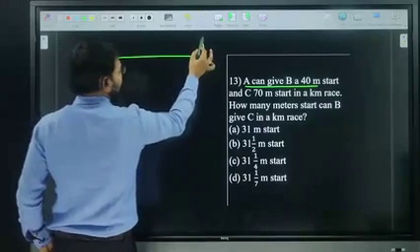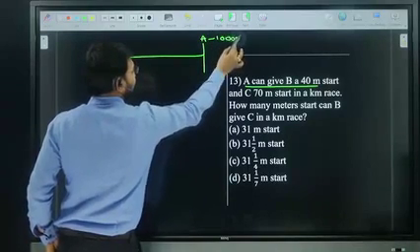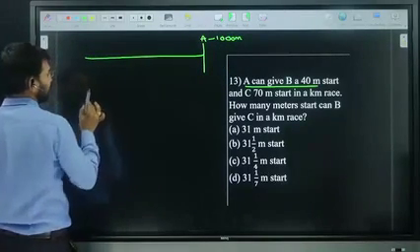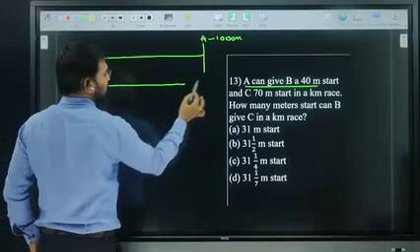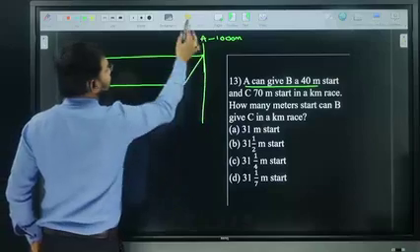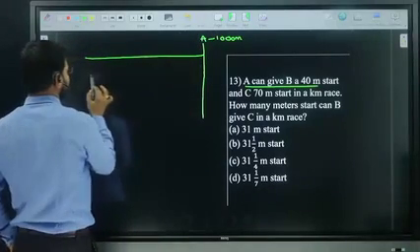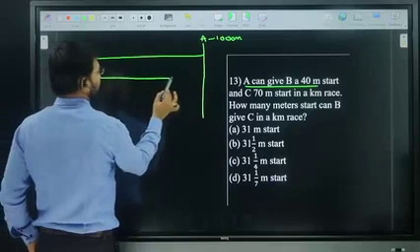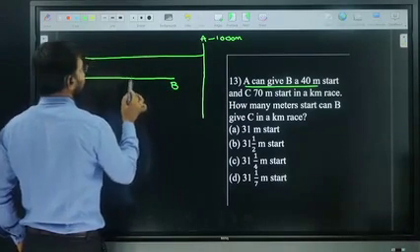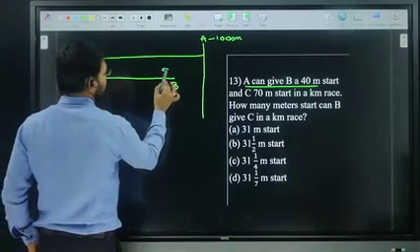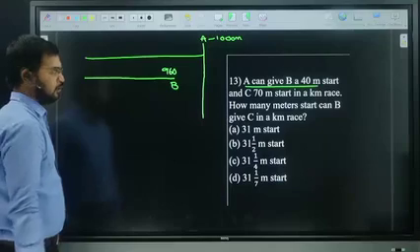Whenever A reaches the destination, 1000 meters, B reaches up to 960.